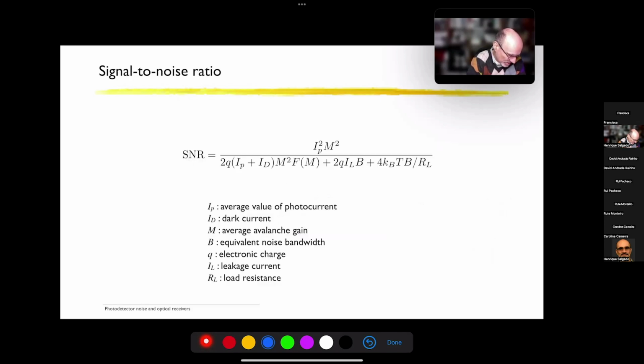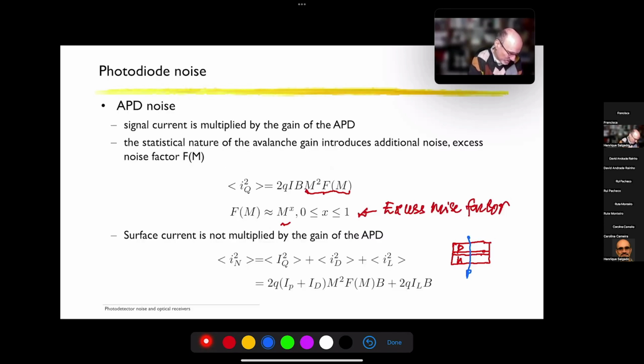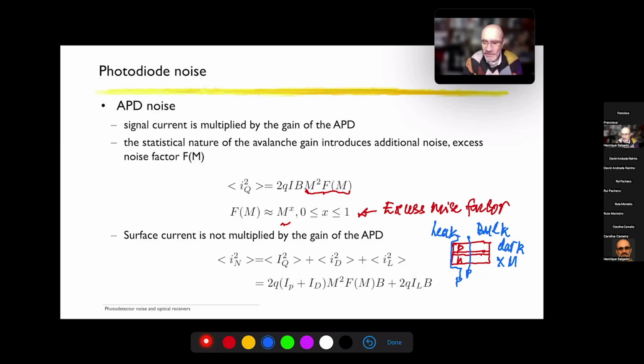So this bulk dark current is multiplied by the gain of the APD, because it's generated within the junction, which is multiplied by the avalanche gain of the photodetector. But the leakage current doesn't go through the junction, and so is not multiplied by the gain of the APD.